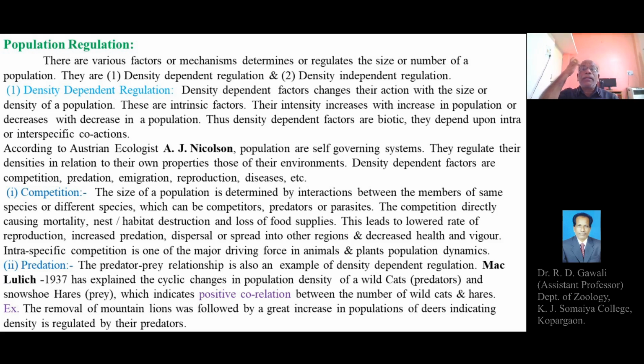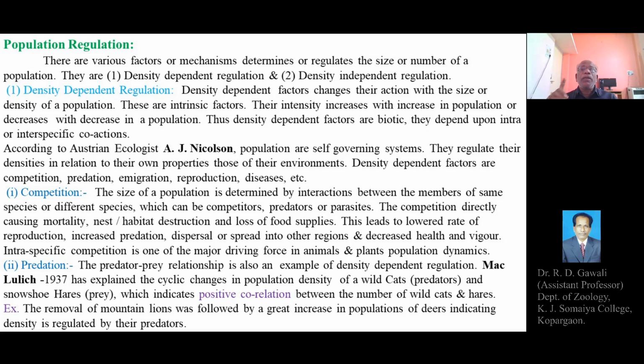Density dependent factors change their action with the size or density of a population. Means the number of individuals in a population, or the population density itself, is responsible for the changes of the density dependent factors.